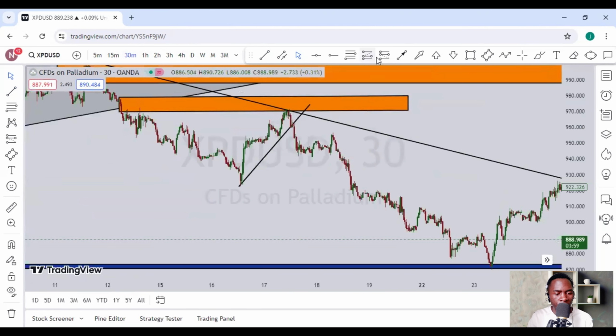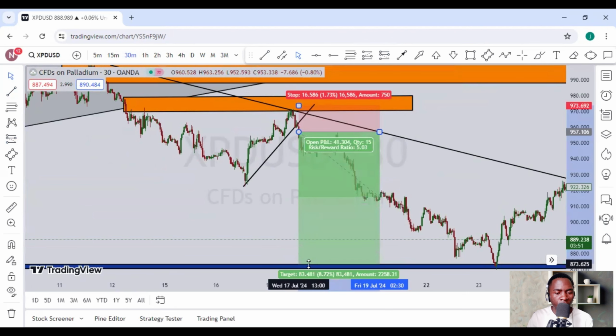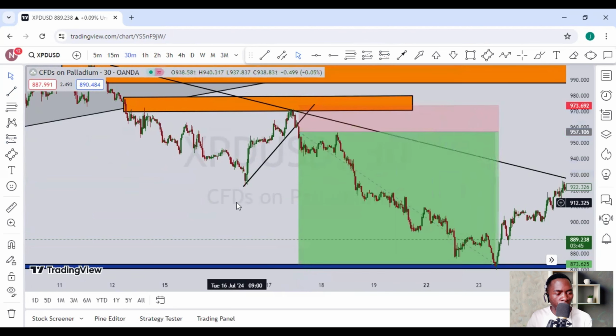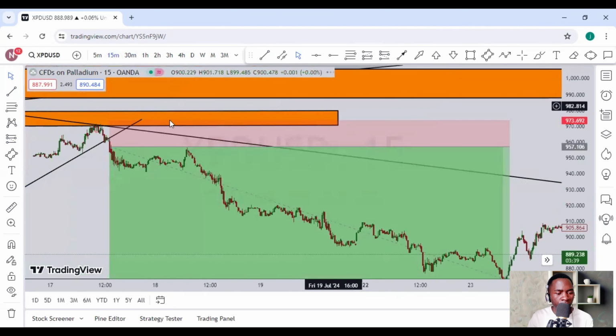Now, this is the way I could take my entry. My stop loss there. Then my take profit could be around here at the bottom. Imagine if now I entered this trade on 15 minutes, same thing would happen.